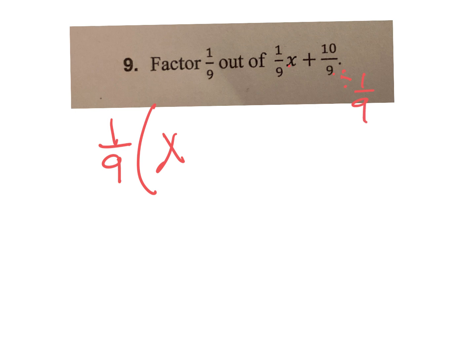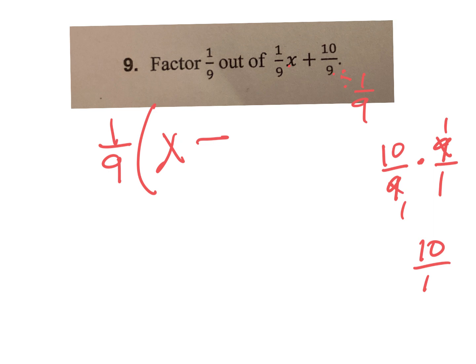Let's do the reciprocal here. So we have 10/9. Instead of divided, we're going to do times. And then do the reciprocal like that. This 9 becomes a 1, and it's going to be 10 over 1, or just 10.